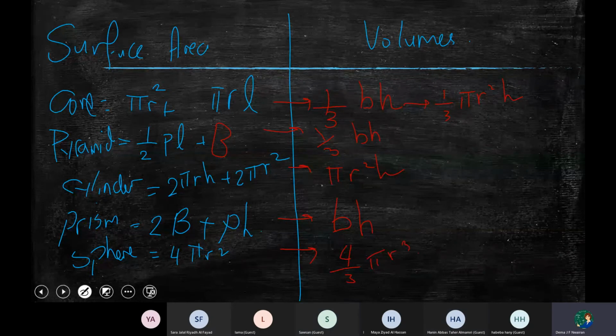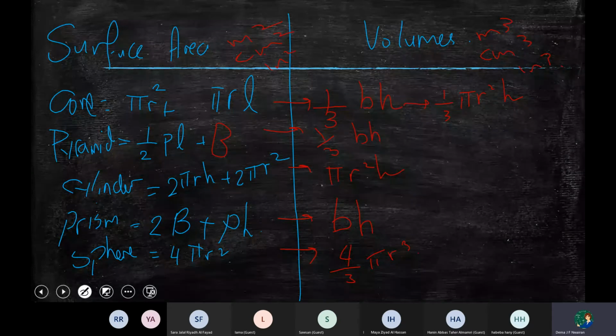Now, the units of the surface areas are in units squared, like meter squared, centimeter squared, inch squared, and so on. But for the volumes, it has to be meter cubed, centimeter cubed, inch cubed, and so on.